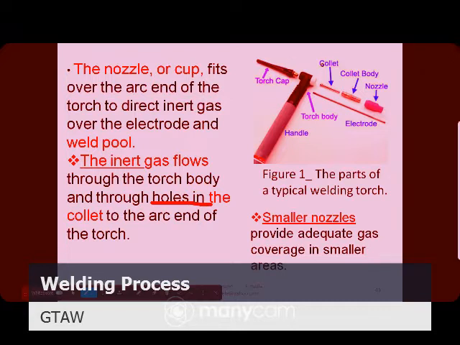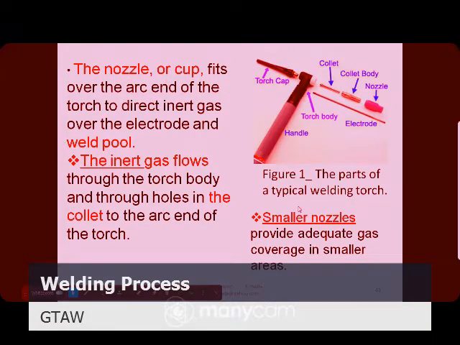So there are holes on the collet, and the shielding gas flows through them to the arc end, which means the tip of the electrode, to shield it from air contamination. So these are the parts of the torch.